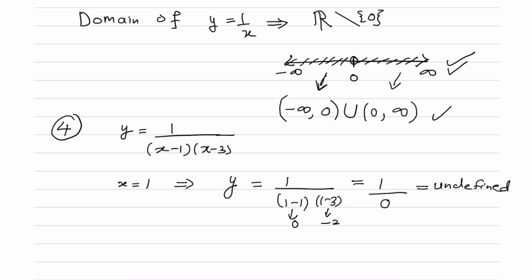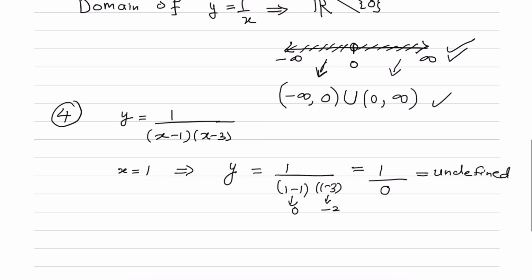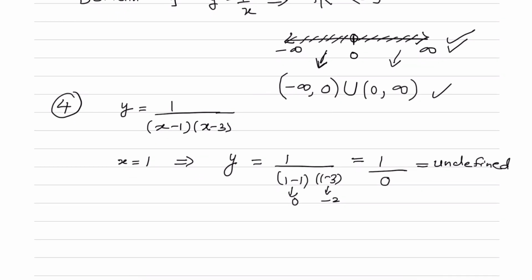So as long as by plugging in x values we get y as real numbers, we are good. But if by plugging in an x we get something undefined or a complex number, that x should not be part of the domain. So x equal to 1 made our function y undefined.